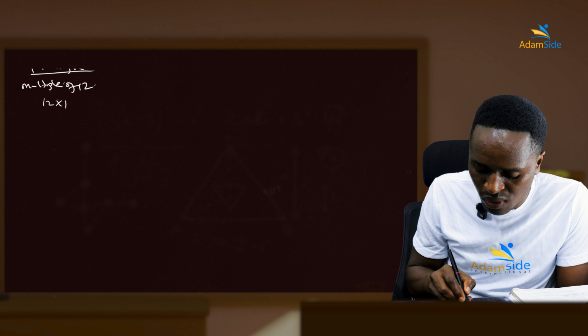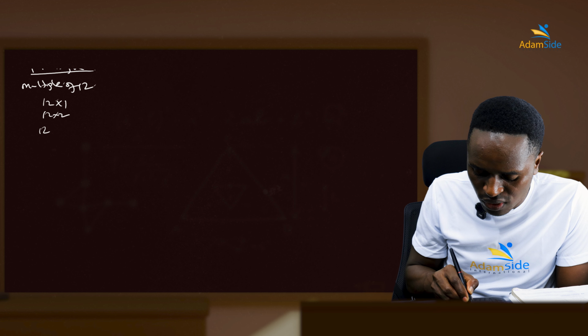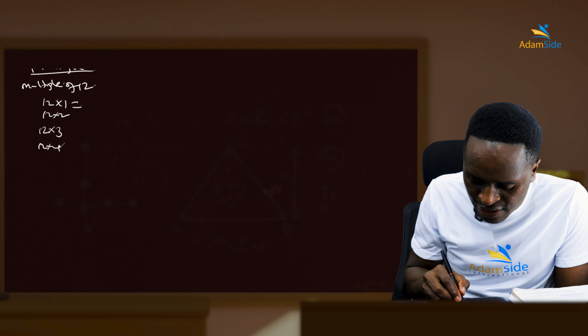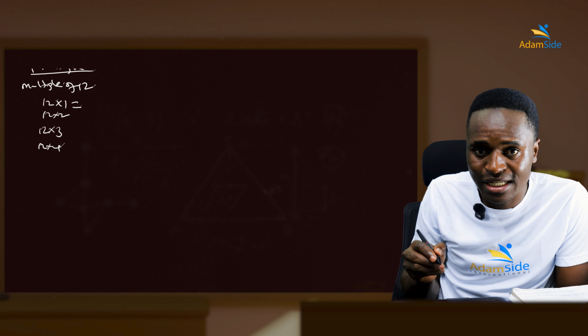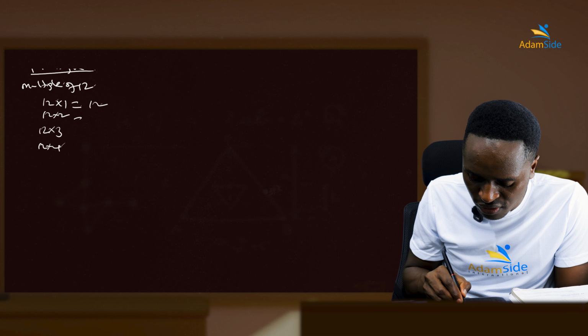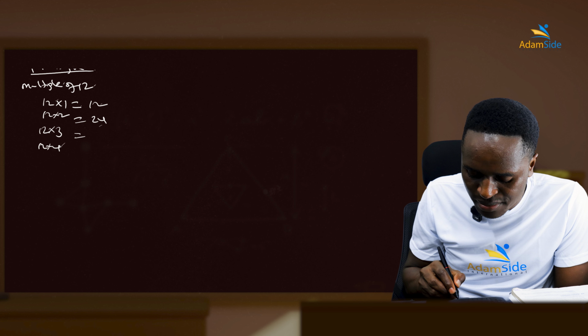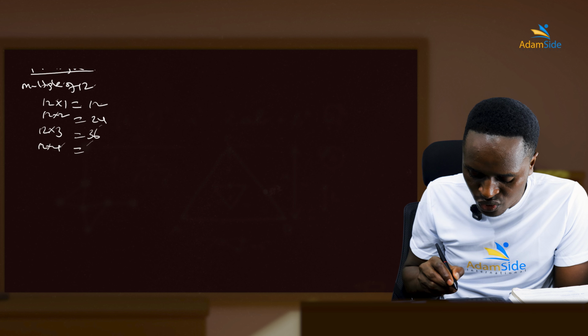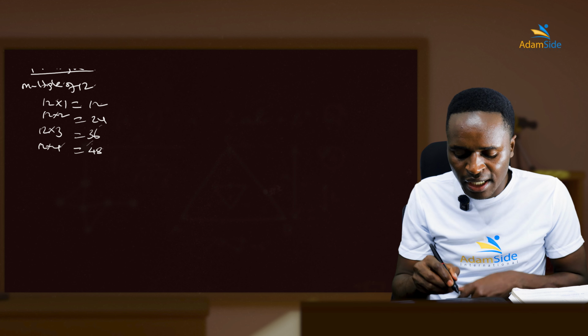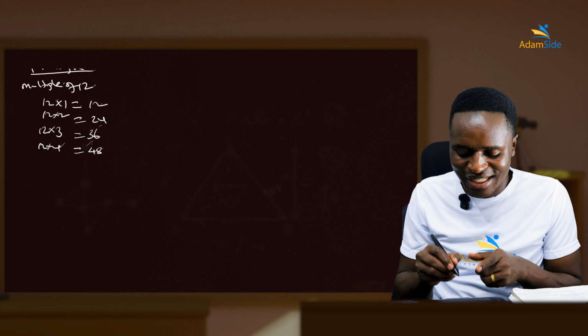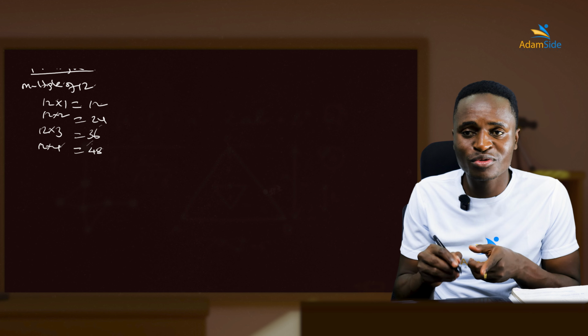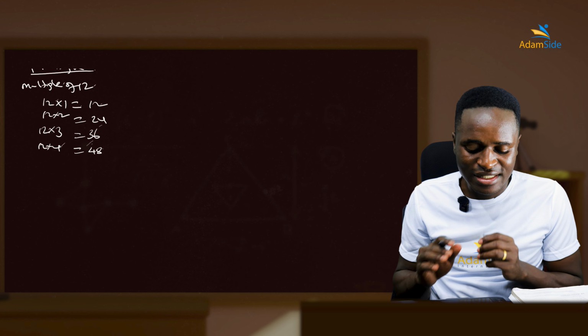So we say 12 times 1, 12 times 2, 12 times 3, 12 times 4. So you see the product of multiplying a number by a positive integer: 12 times 1 is 12, 12 times 2 is 24, 12 times 3 you get 36, 12 times 4 you get 48. So 12, 24, 36, 48, they are multiples of 12. As simple as it is.